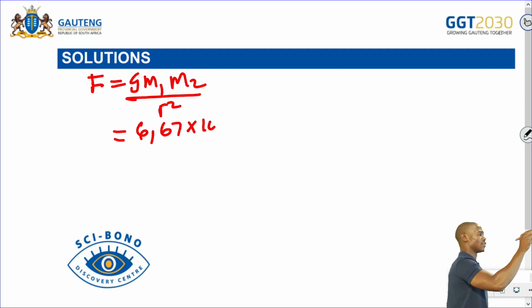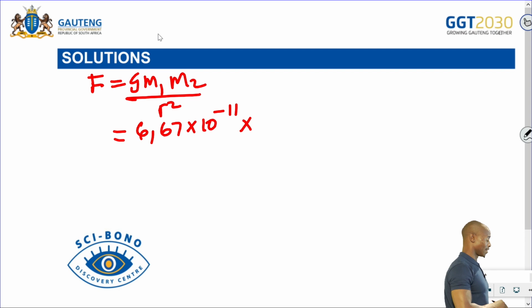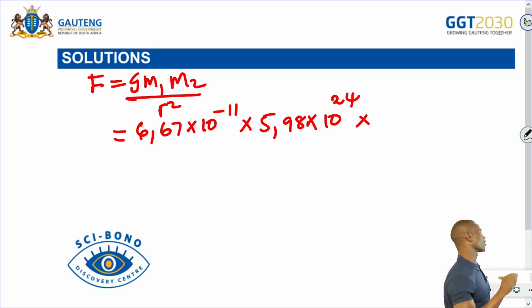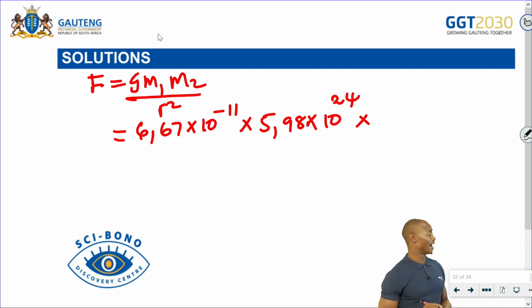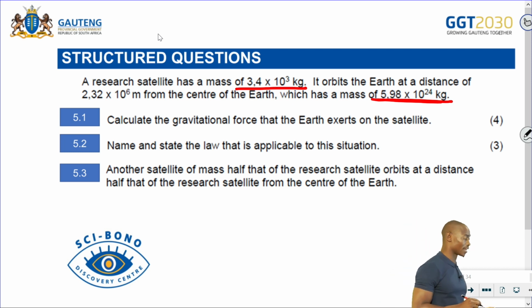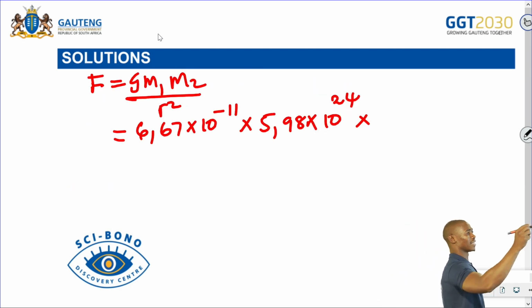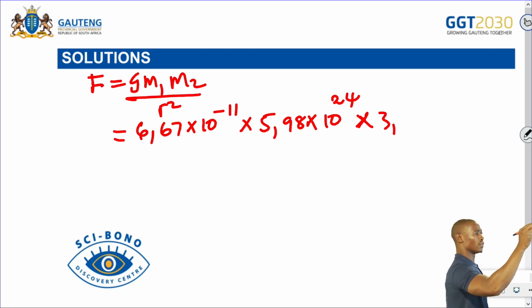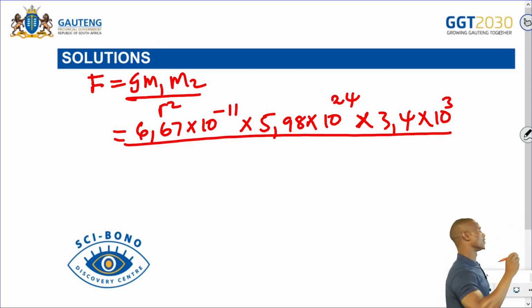Okay, then this is 6.67 times 10 to the power negative 11. Mass of the planet Earth 5.98 times 10 to the power 24. We are also given the mass of the satellite. The mass of the satellite is 3.4 times 10 to the power 3, over r.